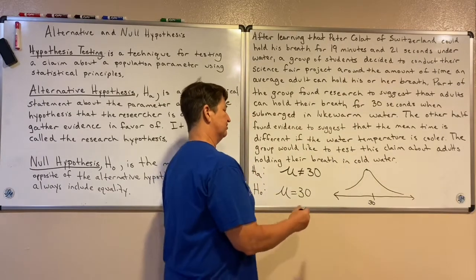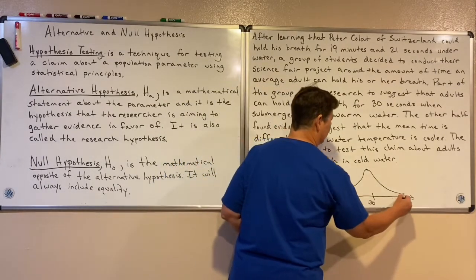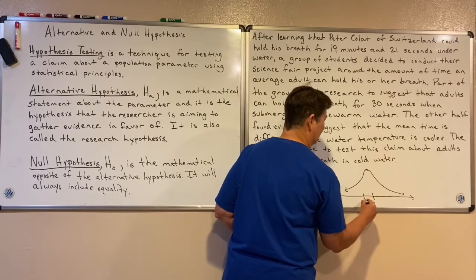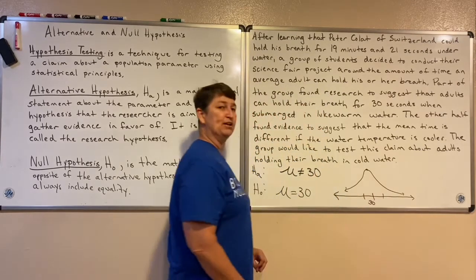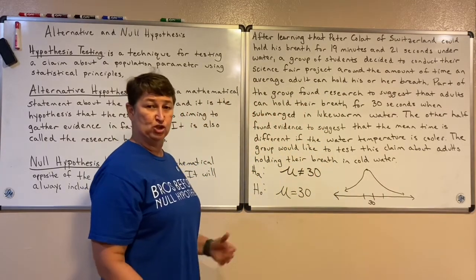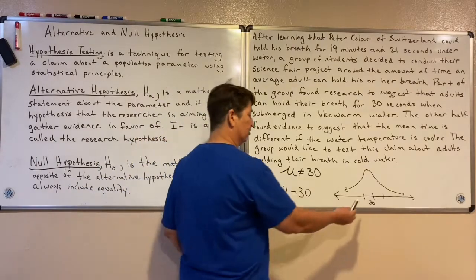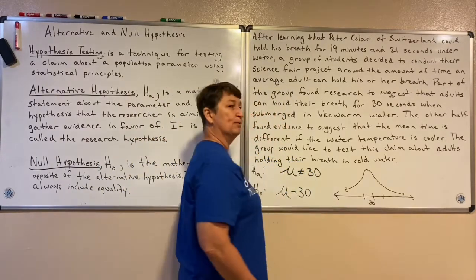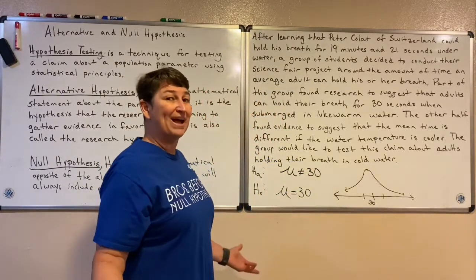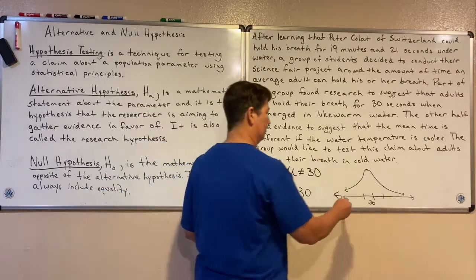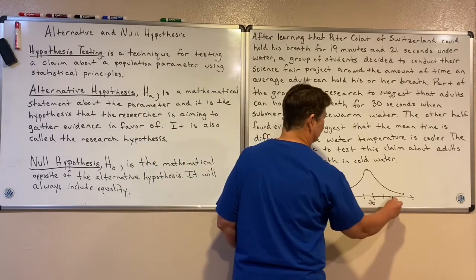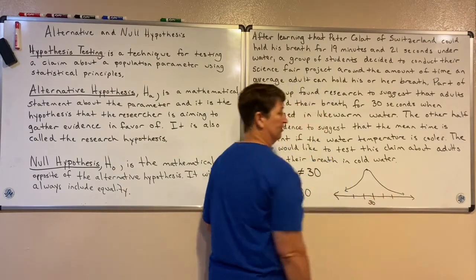And just as before, 68% of the time, I expect my sample mean to fall within 1 standard deviation. So it could be out here a little bit, it could be out there a little bit, that's normal. We expect that 68% of the time. Even 95% of the time, we expect it to come out 2 standard deviations.